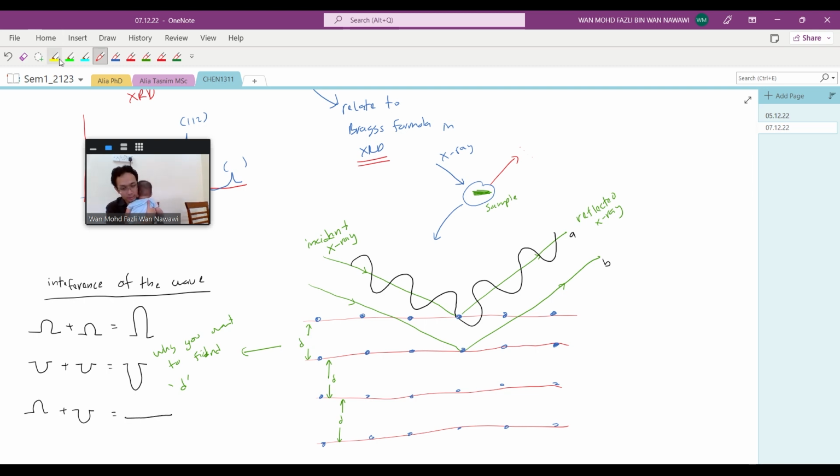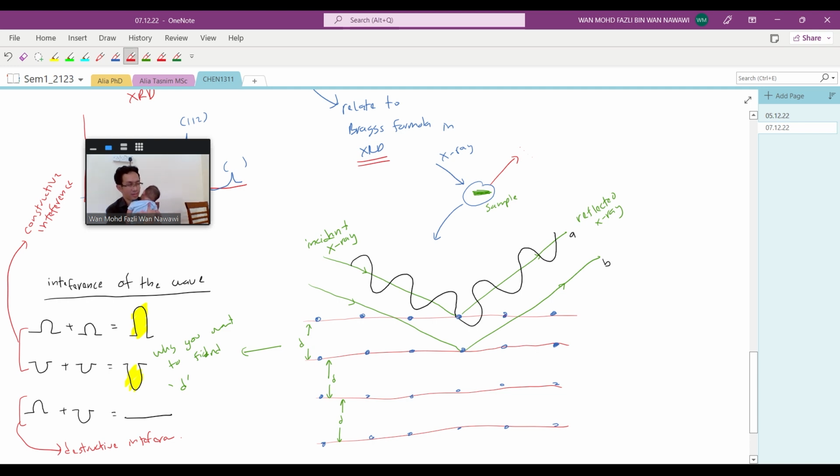So the one that becomes bigger we call constructive interference, and the one that becomes smaller we call destructive interference. Now, we are only talking about one wave.